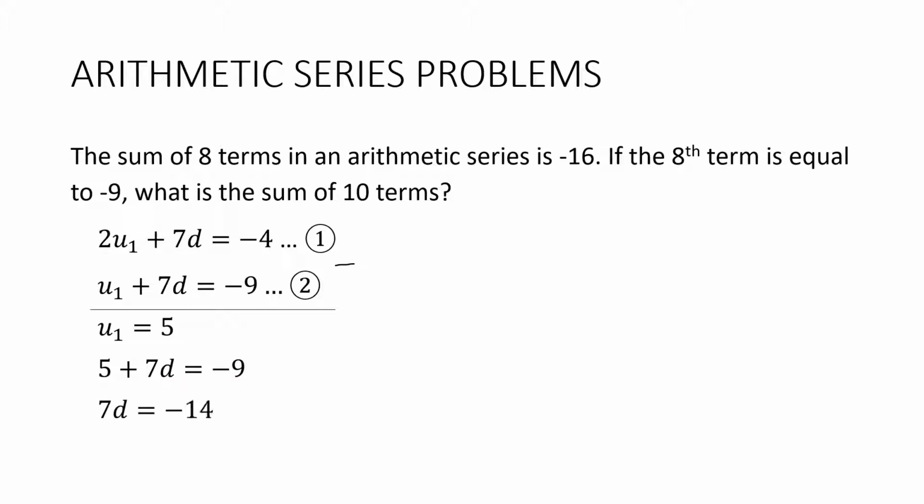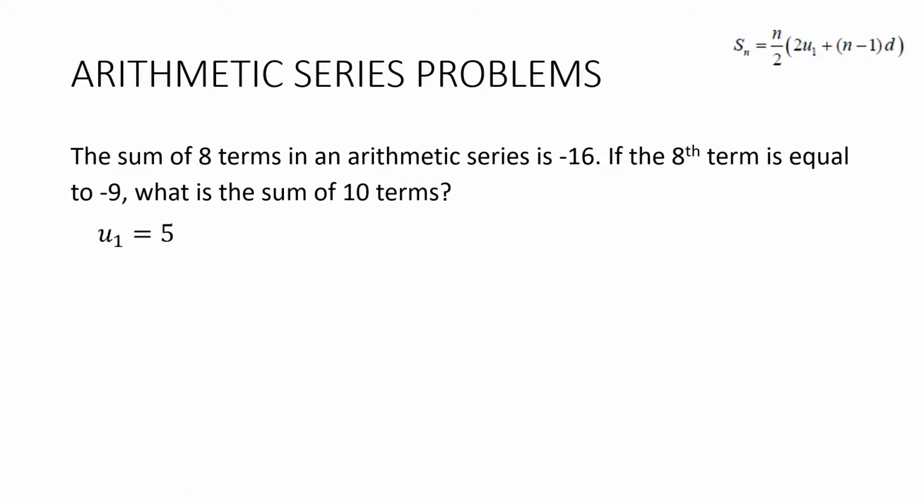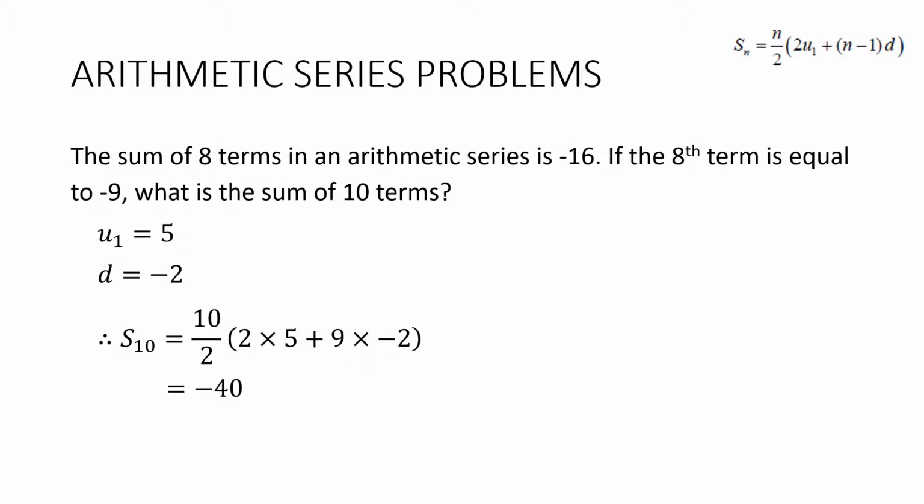Take the 5 over. 7D is equal to negative 14, D is equal to negative 2. So always then look back to see if we've answered the question. No, we haven't. What is the sum of 10 terms? So now we're just going to put in the formula. We know U1 is equal to 5. We know D is equal to negative 2. And into the formula, 10 on 2, 2 times 5 plus 9 times negative 2 is equal to negative 40.